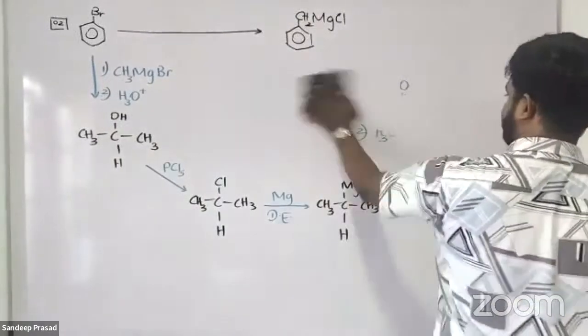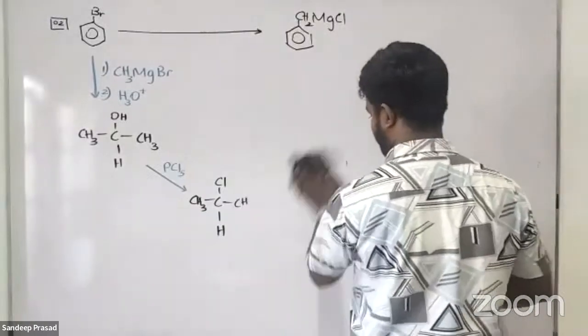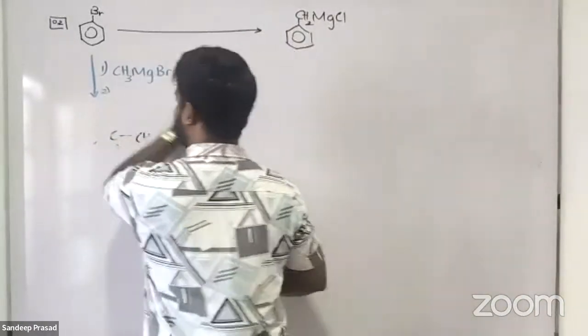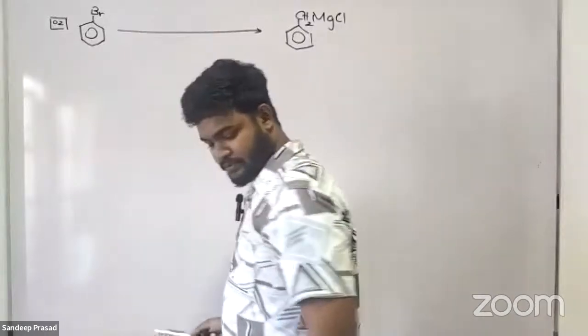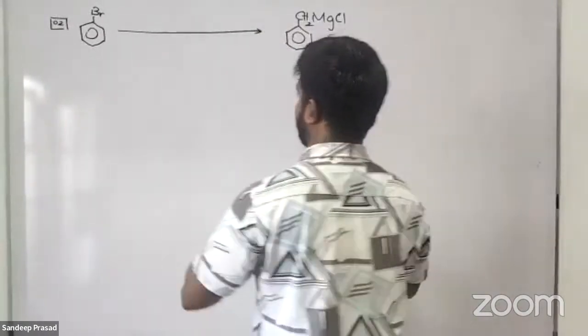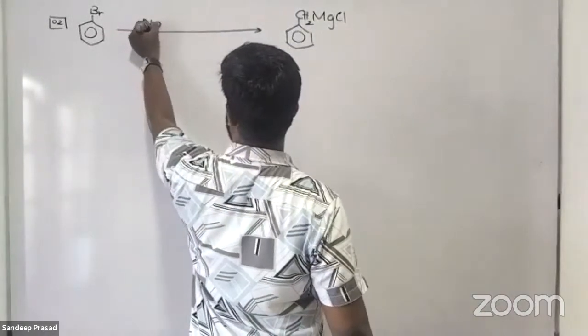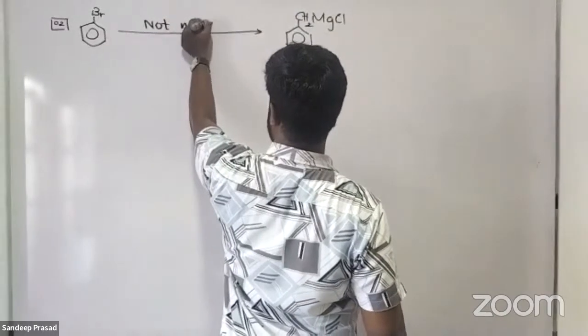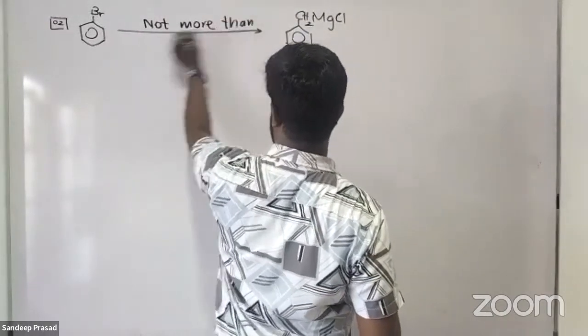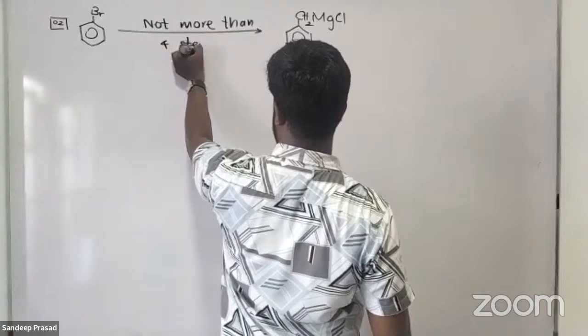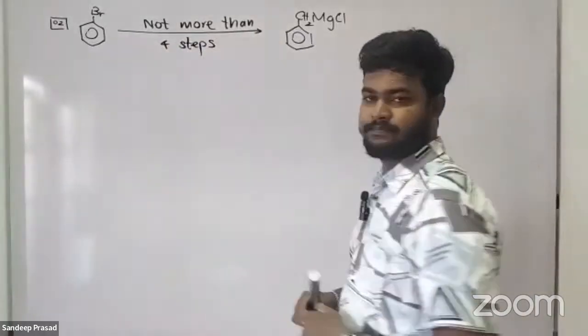This is the second conversion I gave you. For this one also, I told you not more than 4 steps. How can we do this conversion?